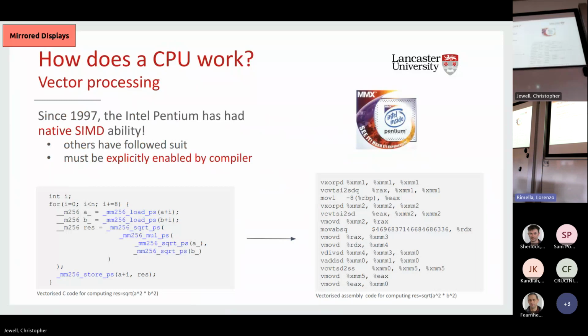I mentioned modern processors, well, since 1997. Who in the room remembers the MMX boom in 1997? Yeah, Dan does. I do. Yeah. Okay, so this was the greatest thing at the end of the 90s. MMX processors that you could play Doom faster on.